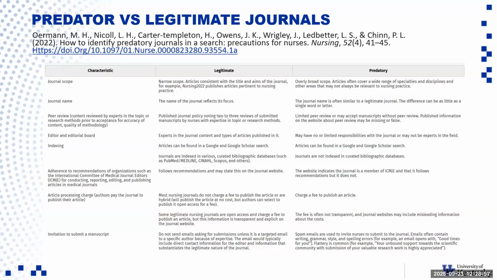You can also take a look at this article from Orman. It's about predatory publishing. This one takes a look at the different characteristics of a journal and shows you whether it is predatory or legitimate. So, for example, the journal scope: if it's narrow in scope, it's probably legitimate.